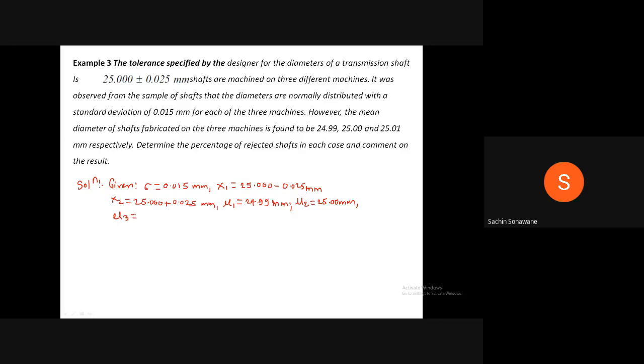Mu3, 25.01 mm. Therefore, these are the given quantities. Please write down.